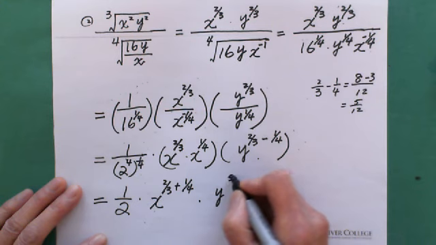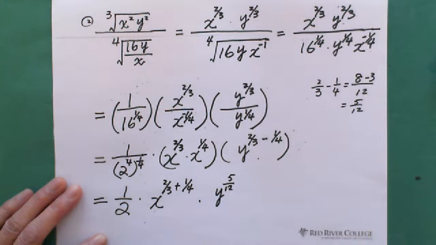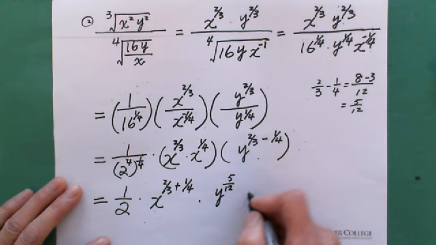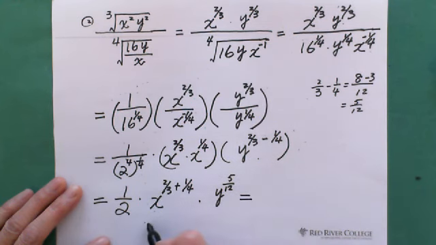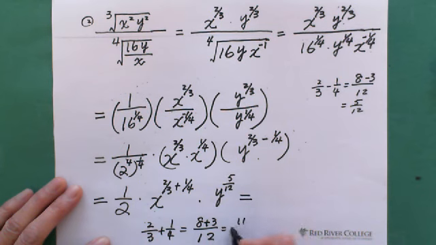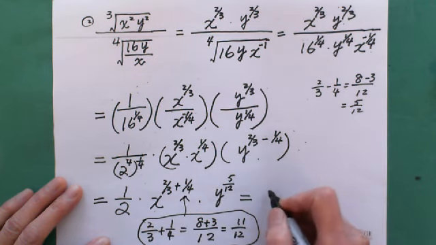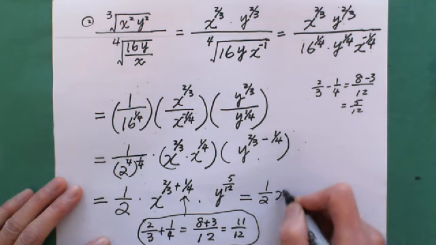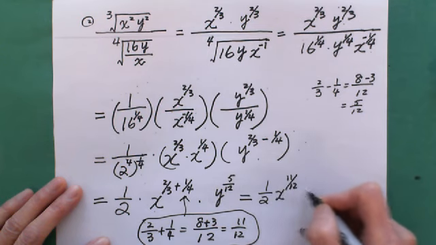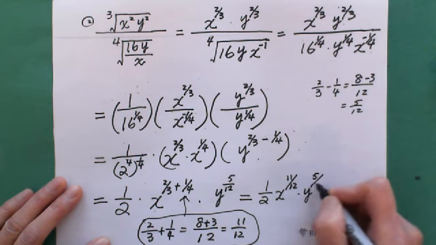So this is 5 over 12. And for x, 2 over 3 plus 1 over 4, with common denominator 12, is 8 plus 3 equals 11 over 12, right? So we have 1 over 2 x to the 11 over 12 and y to the 5 over 12.